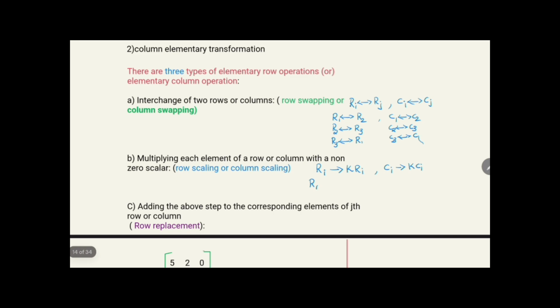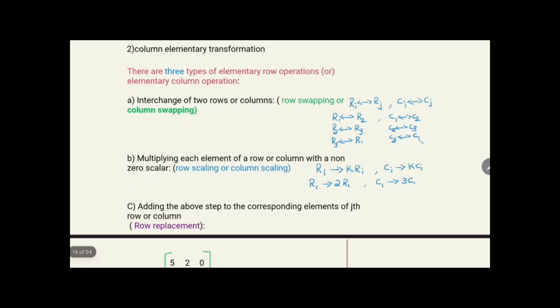For example, I am multiplying R1, the first row, with a scalar factor, 2 into R1. That is, all the elements of the first row are multiplied by 2. In the same way, all the elements of the first column are multiplied by 3. This is how row scaling or column scaling takes place.